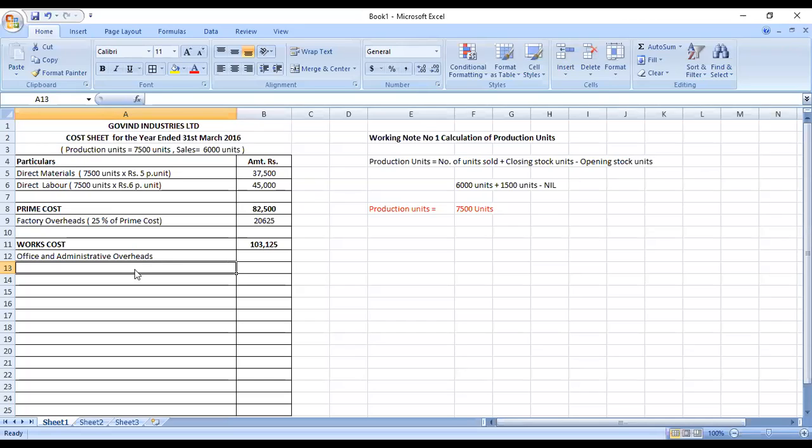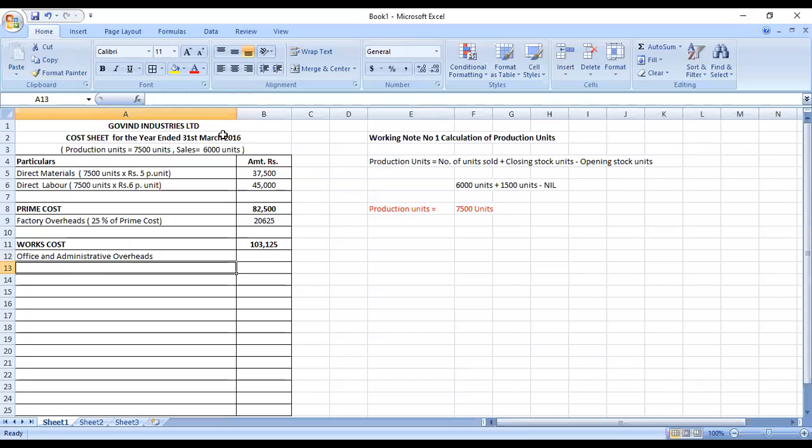Anyone? What information is given? Read adjustment number 4. Administrative overhead will be absorbed at the rate of rupees 2.5 per unit produced, on the basis of production.